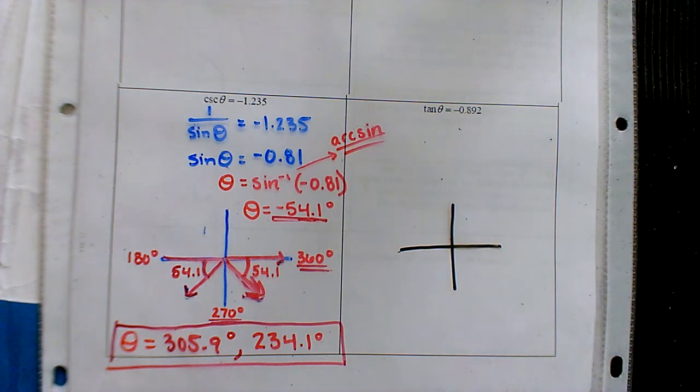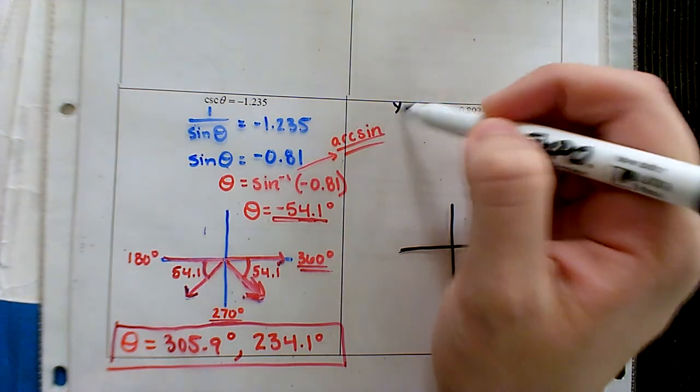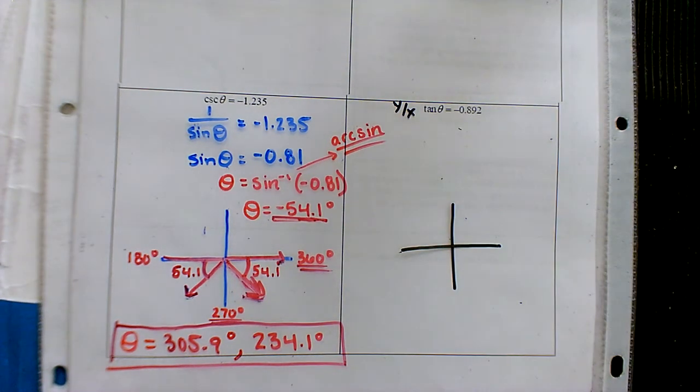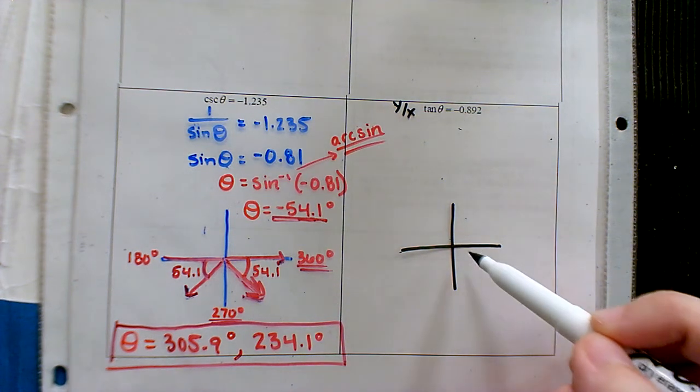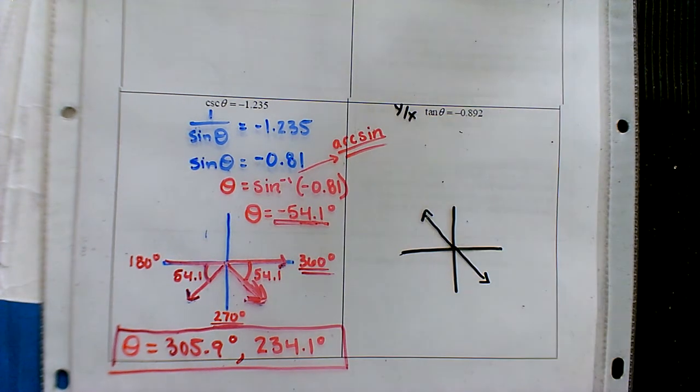What do you think, Manny? It's the other way around, y over x. Okay? So if that fraction is negative, think about how a fraction could be negative. Where might we be located? Yeah. You could be in either quadrant 2 or quadrant 4. Because both the y and x could be negative: if x is negative, it will land in quadrant 2, if y is negative, it will land in quadrant 4.